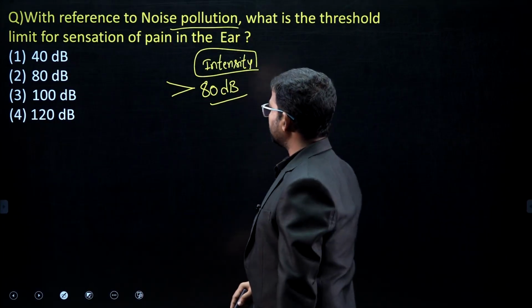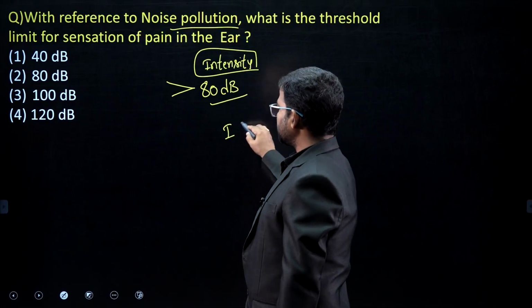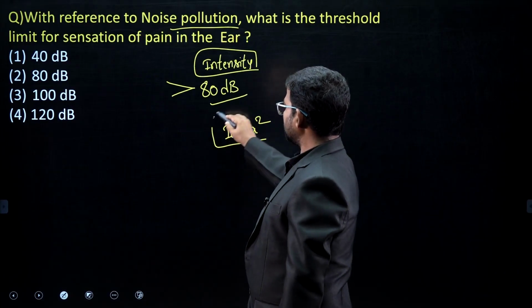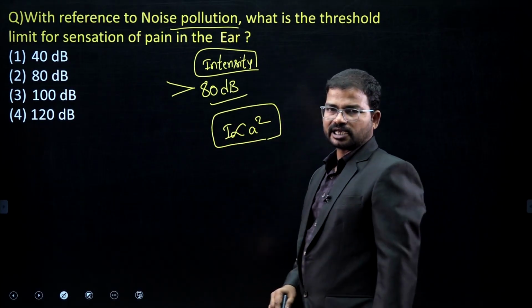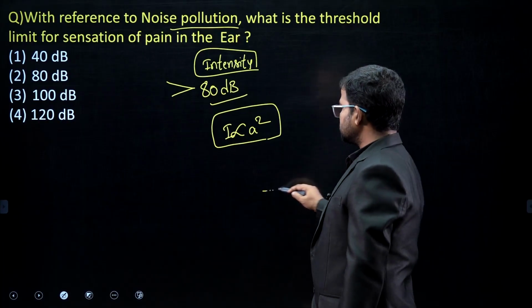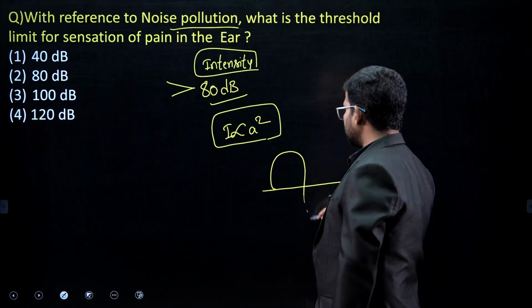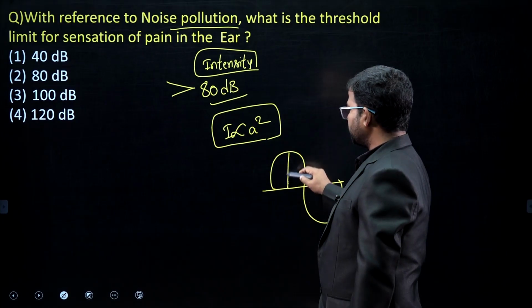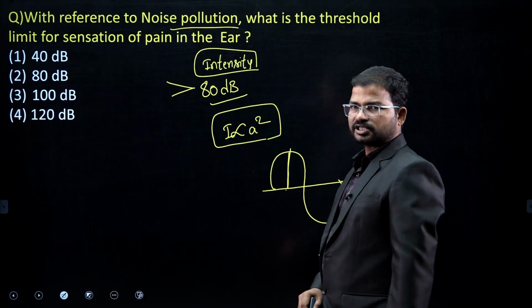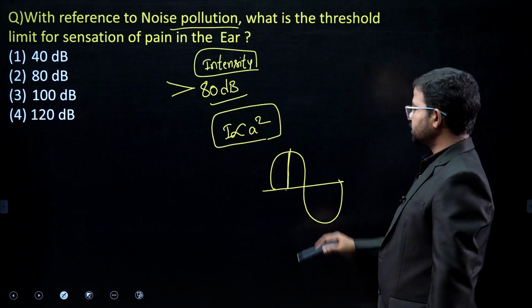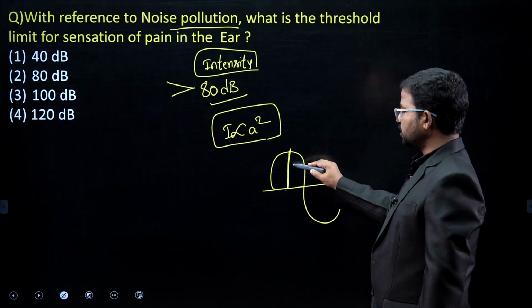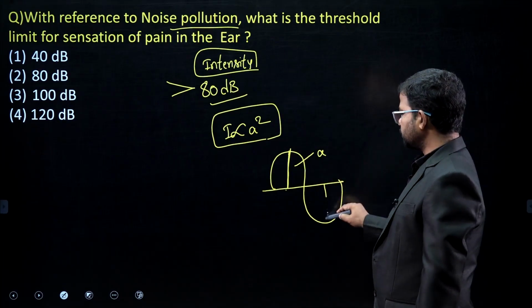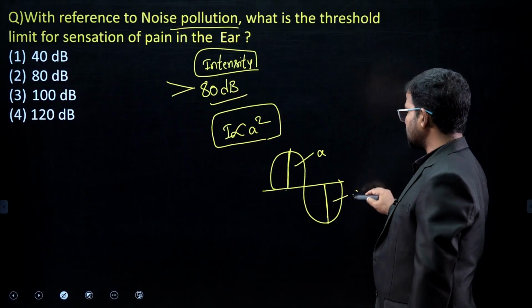Intensity of sound depends upon the amplitude. So amplitude means, suppose if you consider a wave like this, this is crest and this is trough. The maximum displacement from the mean position is considered as amplitude. So this is amplitude, and this one is also considered as amplitude.